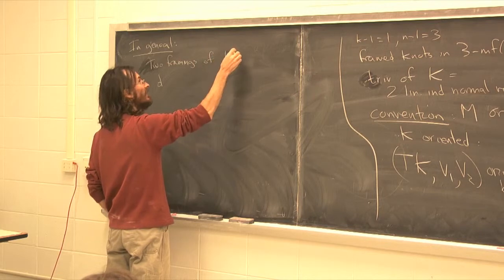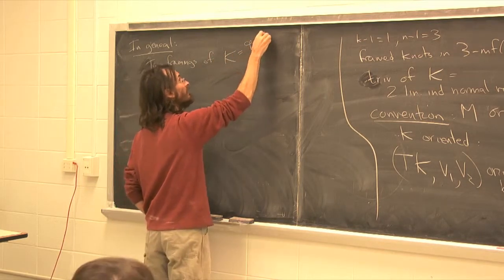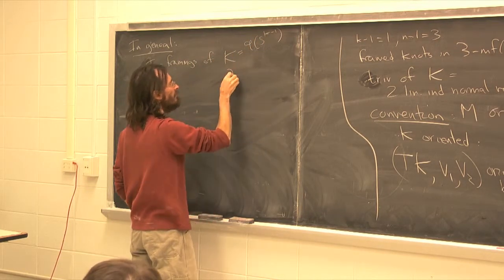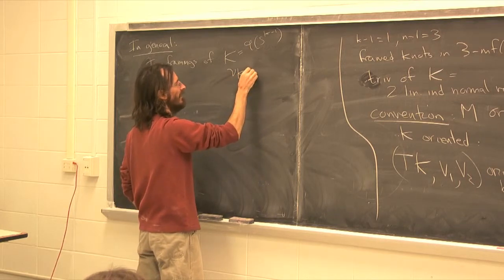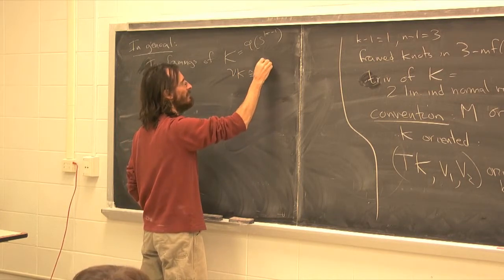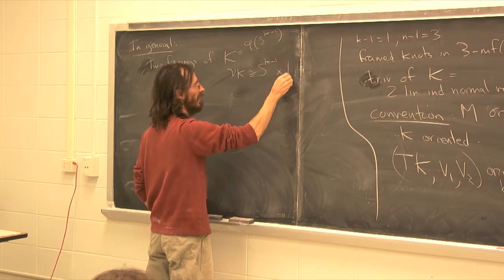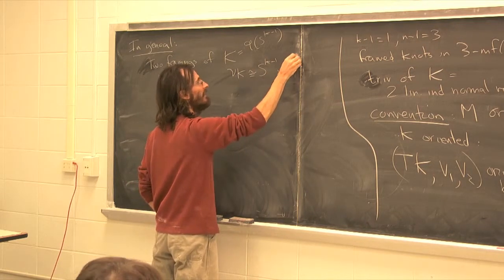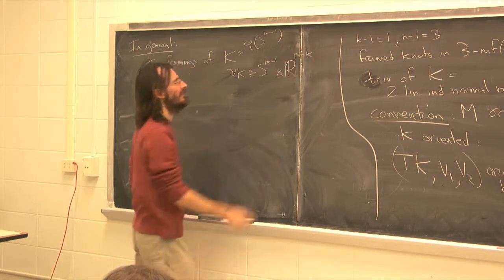So this is, K is phi of S^(k-1), and the framing normal bundle of K is then diffeomorphic, isomorphic to S^(k-1) cross, well, I'll think of it as a bundle itself, R^(n-k).